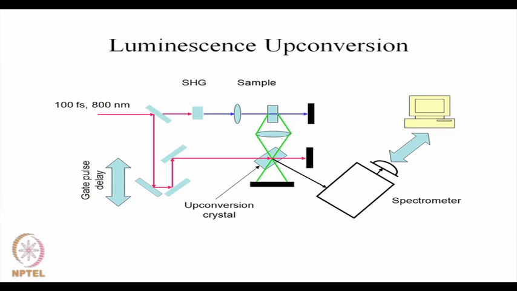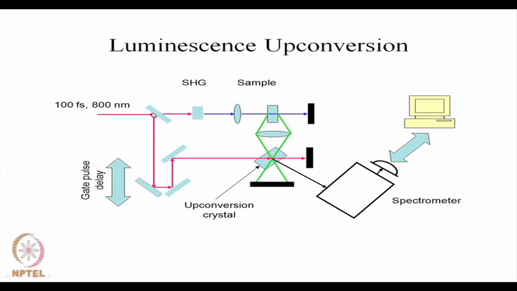Luminescence upconversion, as I told you, I have given you a brief idea. Here, say you are using 100 femtosecond, 800 nanometer red light from your titanium sapphire laser, and then it is divided into two parts.